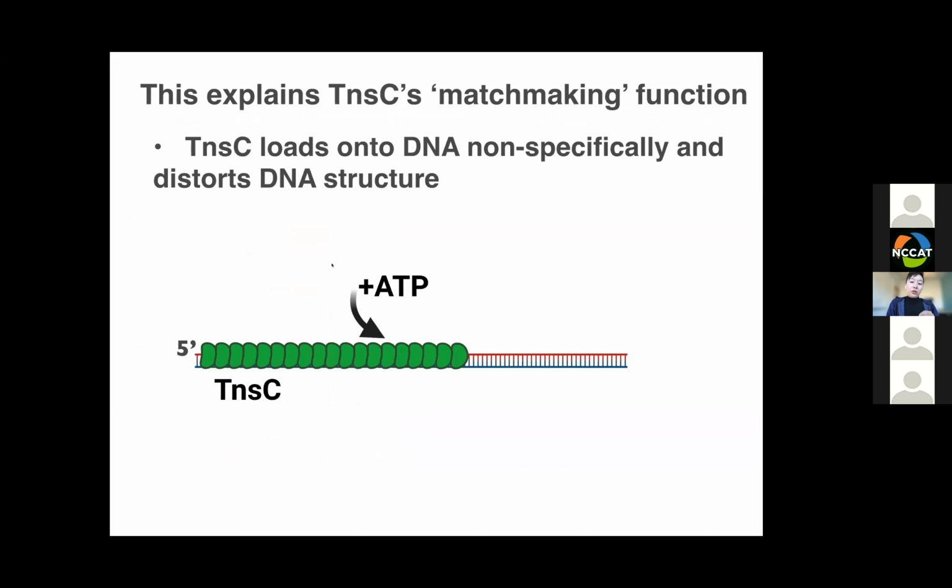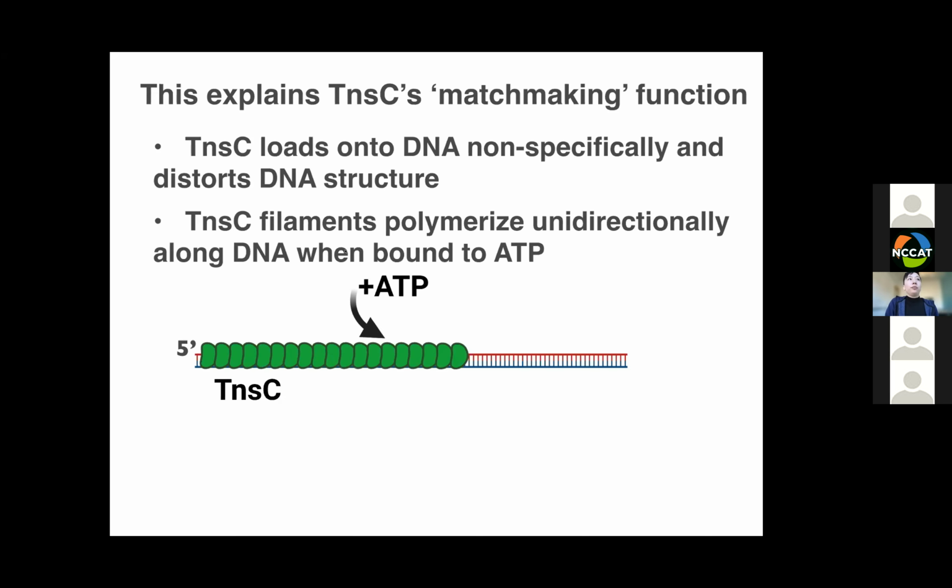And it also distorts the DNA. That told us that transposition relies on DNA distortions to drive the reaction forward. So if it's distorting the DNA, this could presumably be priming the DNA substrate for the subsequent transposition reaction.